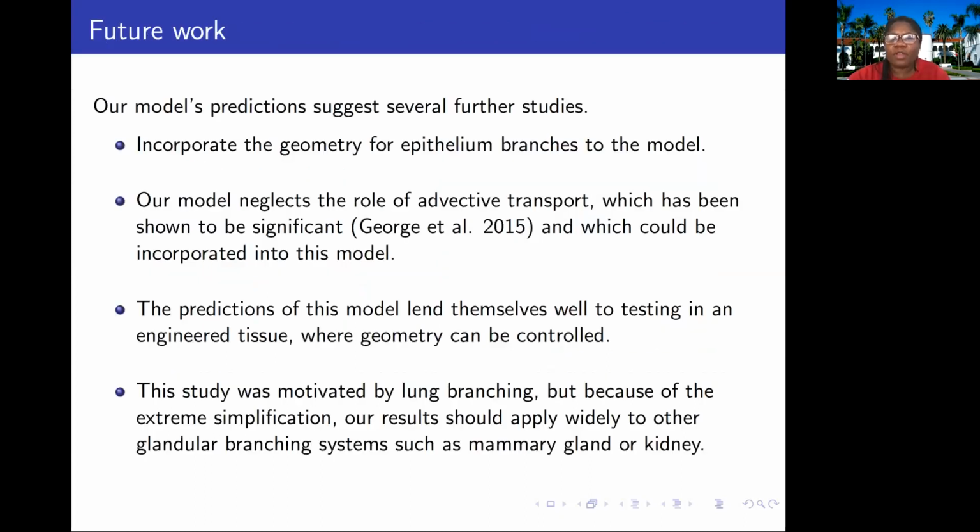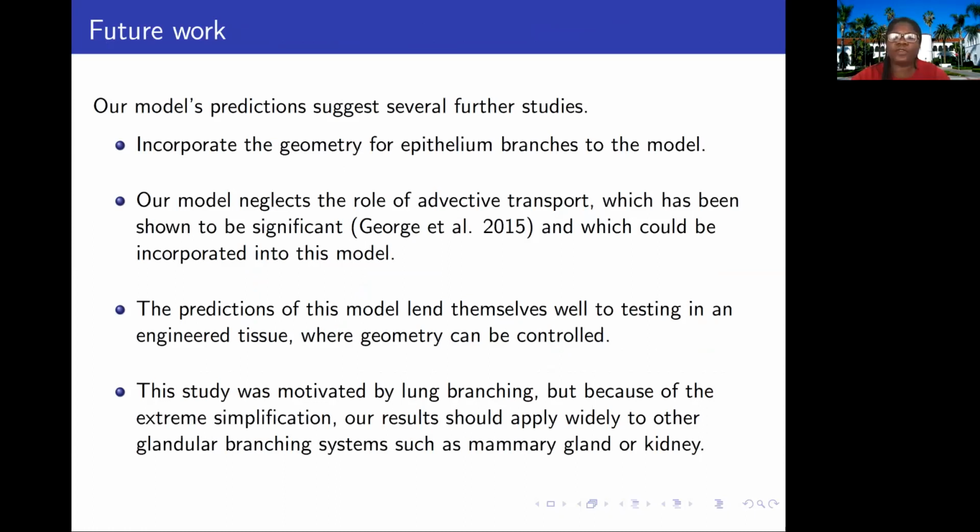So what we want to do in the future is to be able to incorporate the geometry of epithelium branches into these models. The model we have looked at, in this case, we've not looked at fluid flow. We've not looked at tissue mechanics. We know all these are very important for lung development. So in the future, we are going to incorporate advective transport that carries these molecules, not just diffusion.